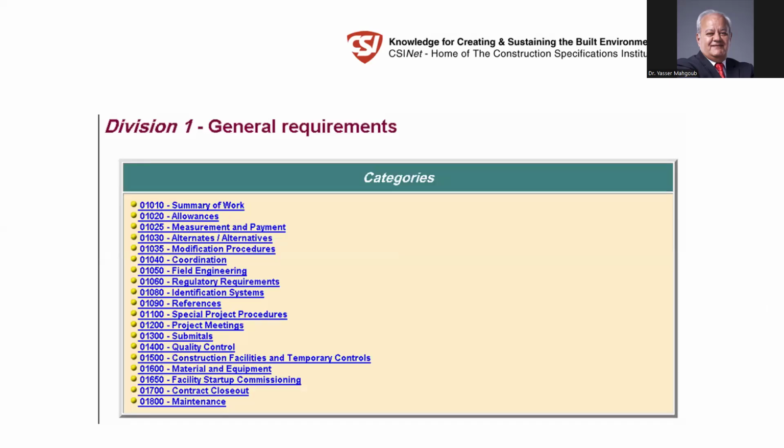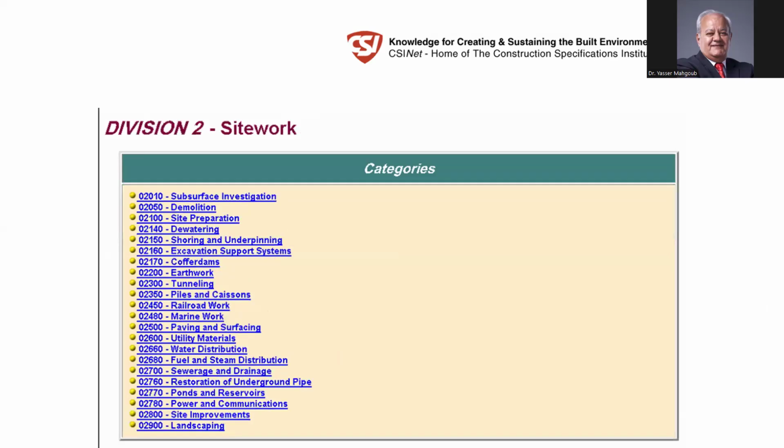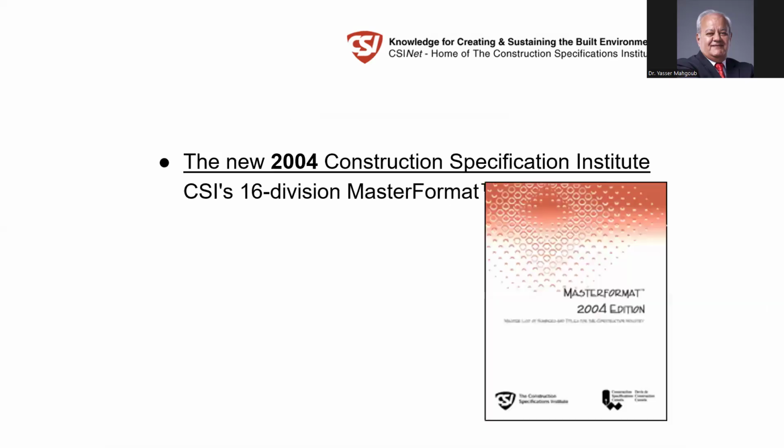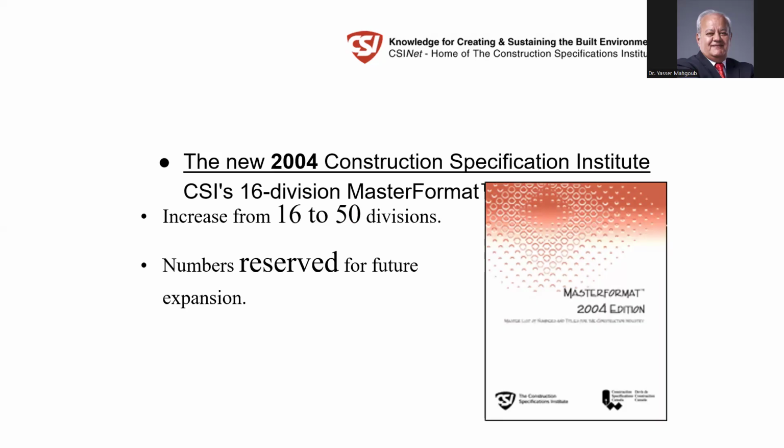But each category has subdivisions, and each item has its own specification. In 2004, they created a new CSI format. It was expanded to 50 divisions instead of 16, so that they can accommodate new types of work. This is the standard now.